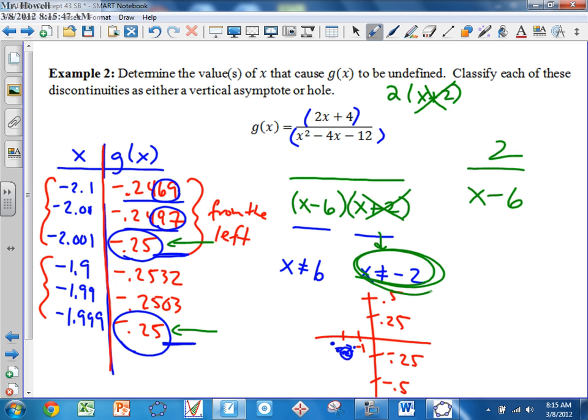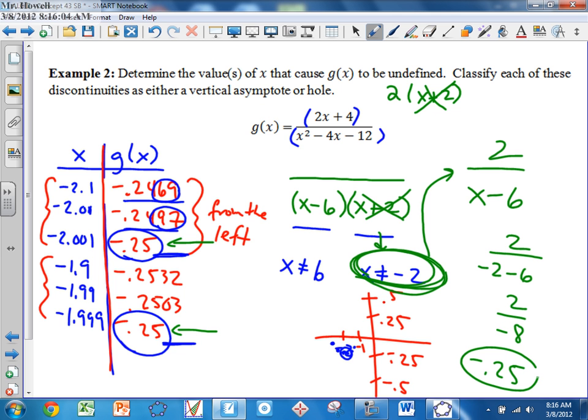We're trying to find out where the hole is. That's the x value. Now plug this into the new function. You get 2 over negative 2 minus 6, which is 2 over negative 8. What's that as a decimal? Negative 0.25, which is the same number you got over here.